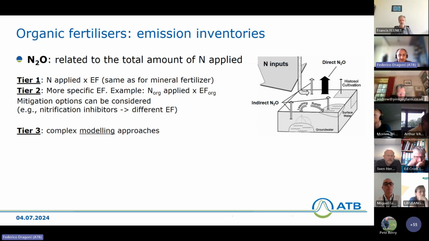And this explains why, for instance, the tier 1 approach, which is quite rough, is a simple product of the applied nitrogen by an emission factor, no matter the quality of the nitrogen, no matter if it's organic or mineral.